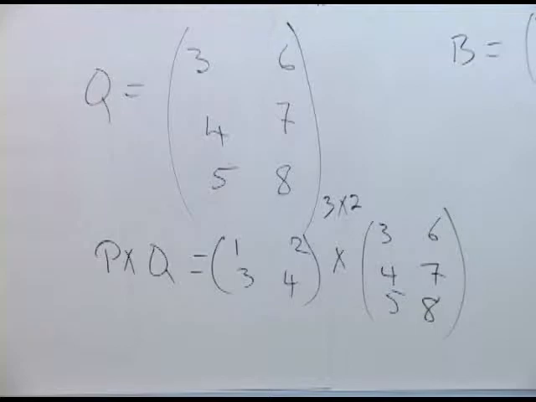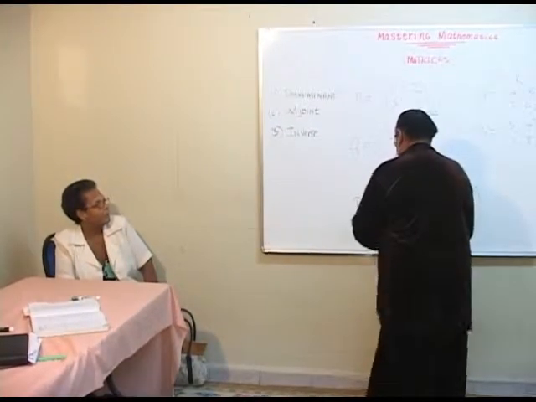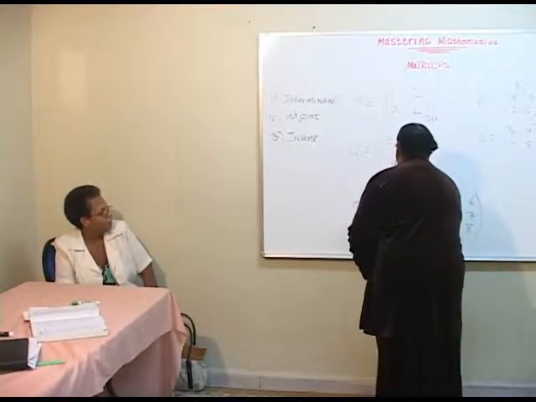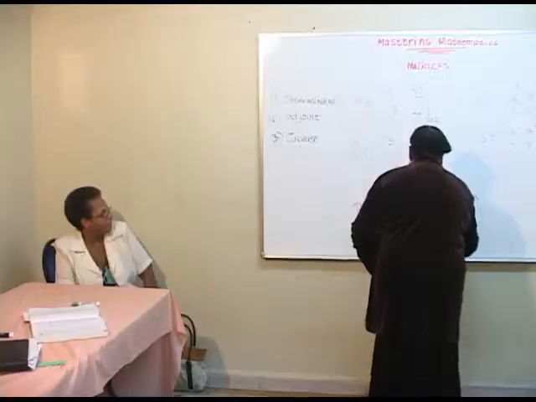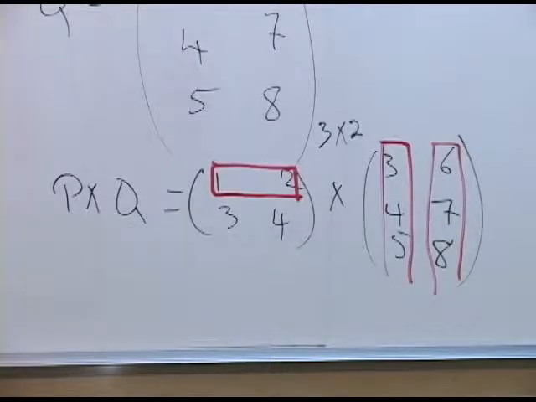Well, we've learned that we multiply row by column. Yes. So if you take the first row, we multiply it by the first column. And if we notice, the first row has 2 numbers, and the first column has 3 numbers. Can we really do that?